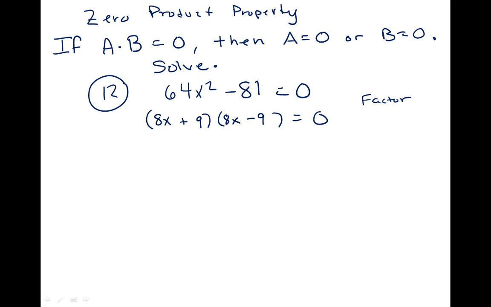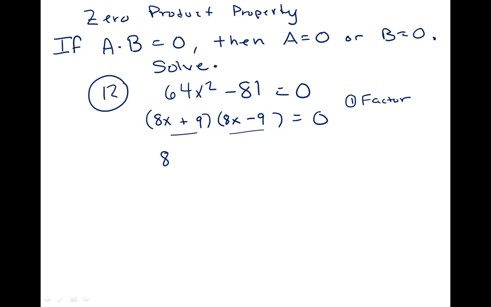So we factored it. This is where the zero product property comes in. You have 8x plus 9 times 8x minus 9 equals 0. If two things multiplied together equal 0, one of them has to equal 0. Pretend 8x plus 9 is your A and 8x minus 9 is your B. If A times B equals 0, either A has to equal 0 or B has to equal 0.